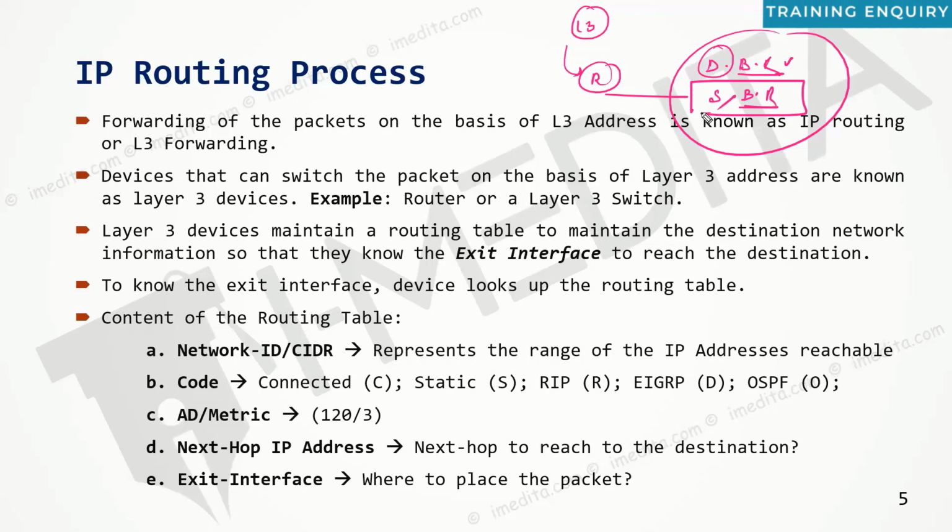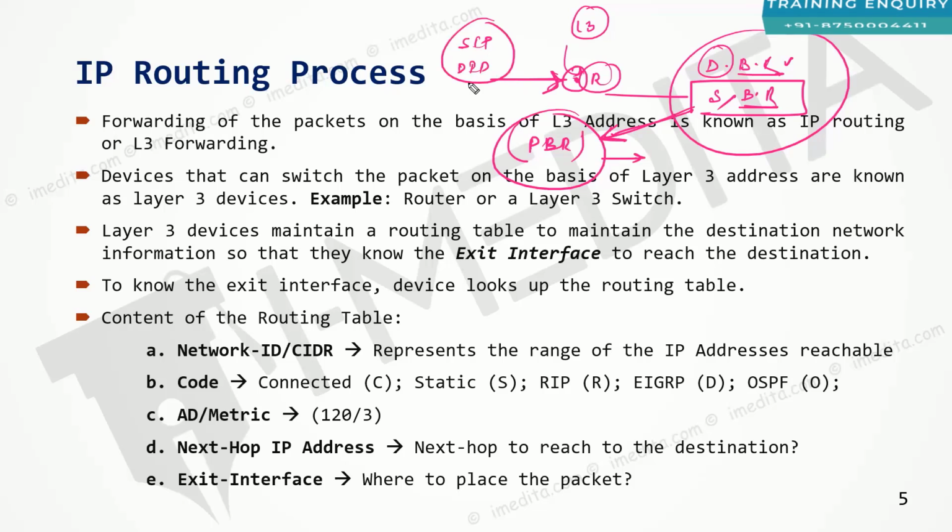An example of source-based routing is policy-based routing, PBR. When we apply policy-based routing on the router interface, the router checks the packet against the rules that we have defined in that PBR. It looks at the source IP and the destination IP, and based on both, it decides how to forward the packet from one interface to another interface.